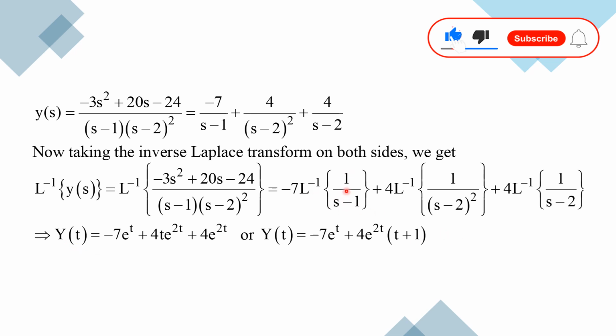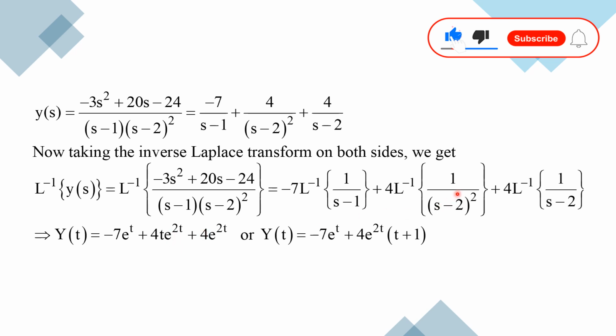What about the Laplace inverse of 1 over s minus 1? In fact, this is e power t. For 1 over s minus 2 square, first we write t because of this 2, and then we write the Laplace inverse of 1 over s minus 2, which is e power 2t. This is by the multiplication by t property.